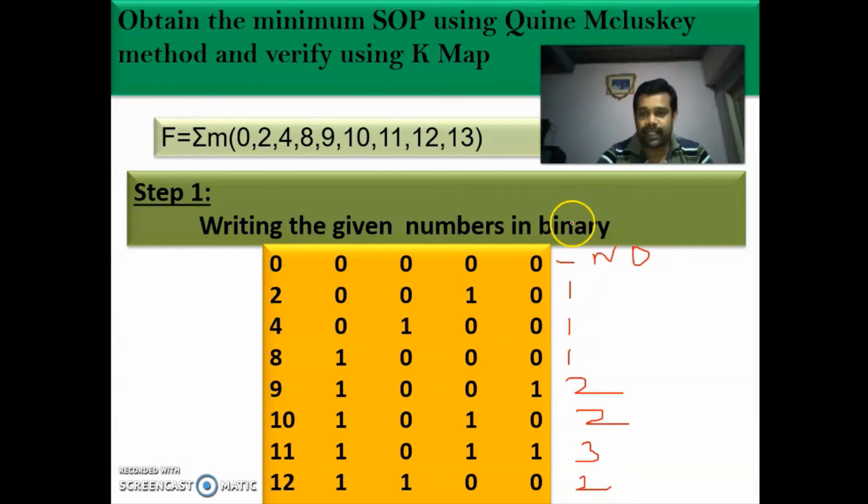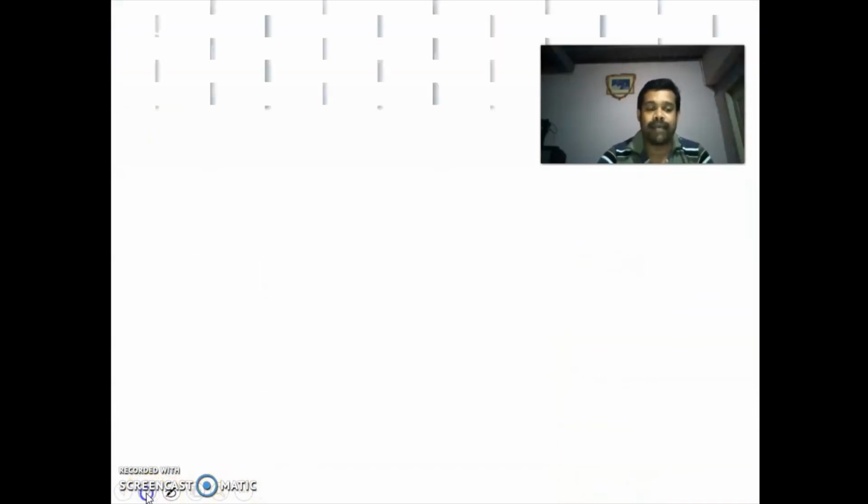Next number is 13. 13 is 1 1 0 1. It will be having 3 ones. So next step is we have to write this number depending upon the number of ones it is having.